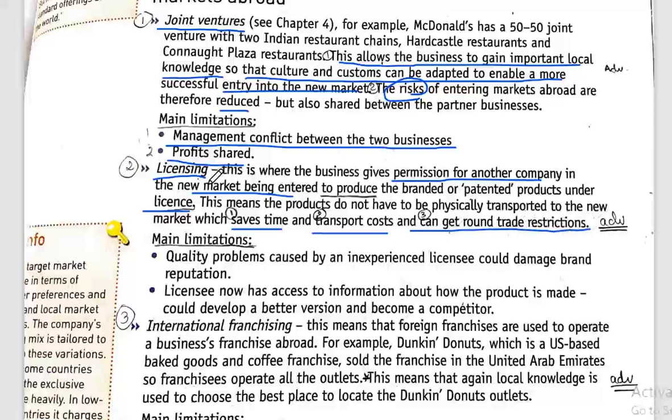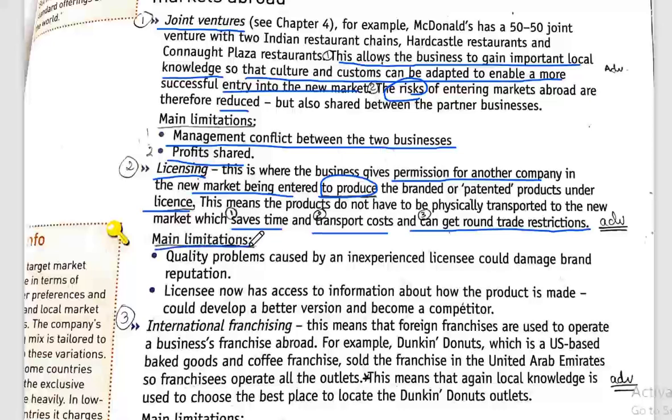So when I give someone a license, I'm giving him the permission to produce my products in the new country. He is producing the goods already in the country, so there is no need for me to transport the goods. It's going to save time, effort, cost, and so on.